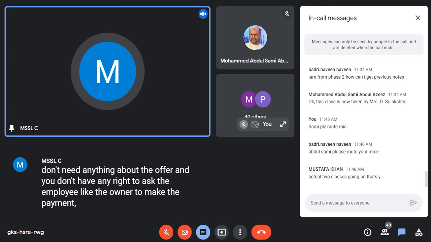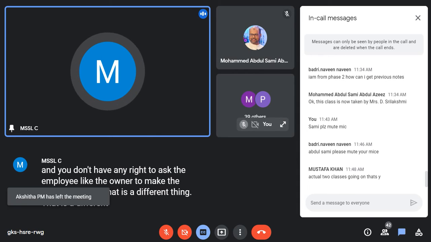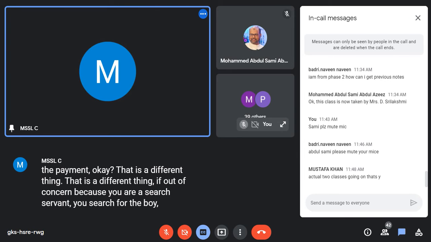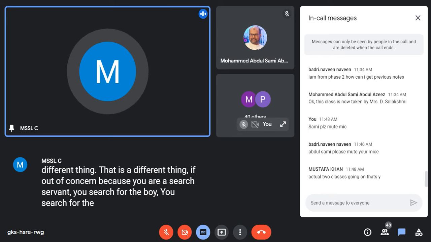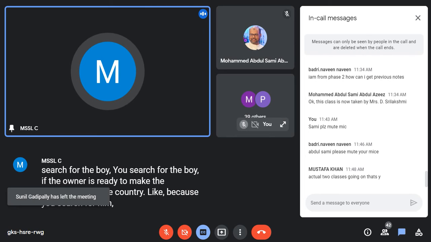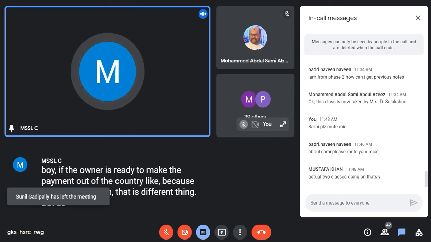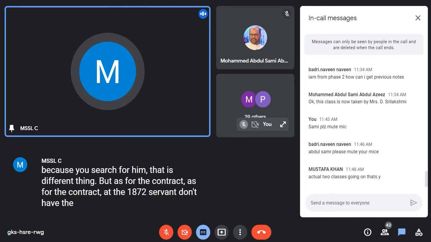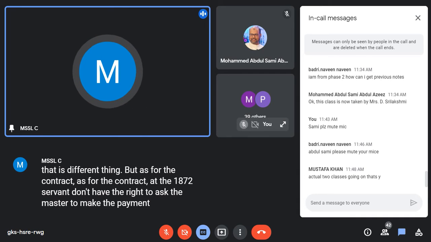That is a different thing. If out of concern, because you are a servant and you searched for the boy, the owner is ready to make the payment, that is a different thing. But as per the Contract Act 1872, the servant doesn't have the right to ask the master to make the payment. How do you know about the offer?